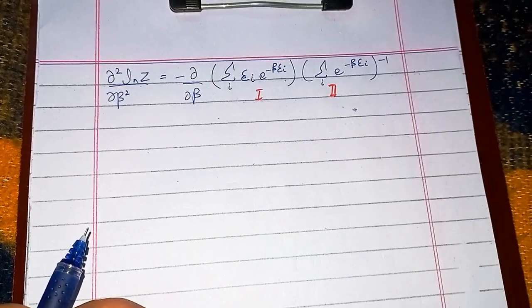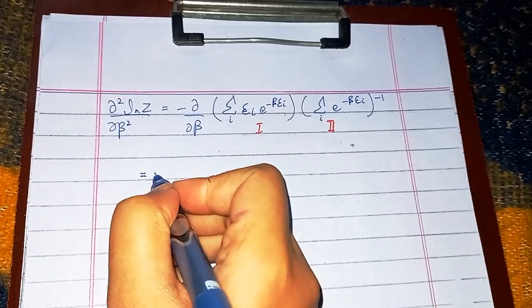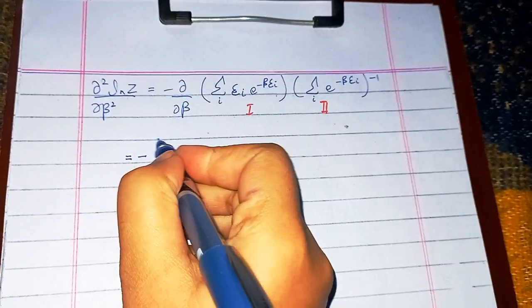Let's apply the product rule of differentiation, and this negative sign just remains outside.